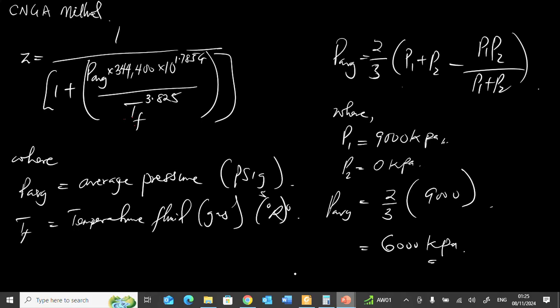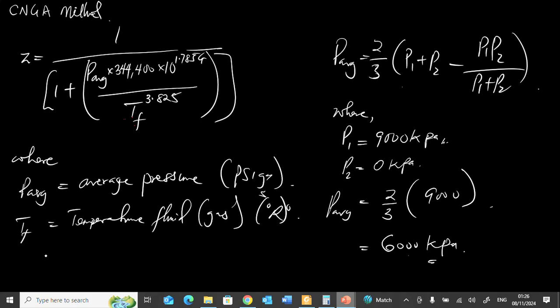So this is the average pressure. But we need to convert the average pressure to gauge pressure. So we need to convert the average pressure to PSIG.